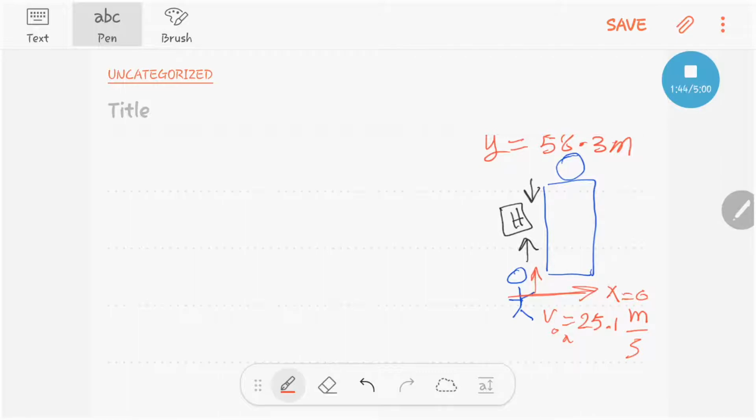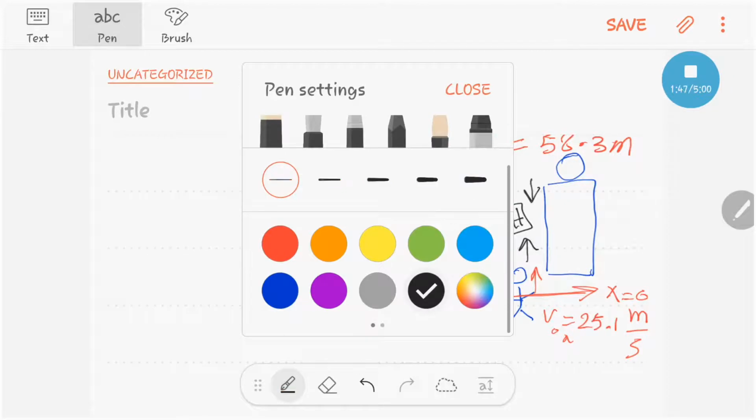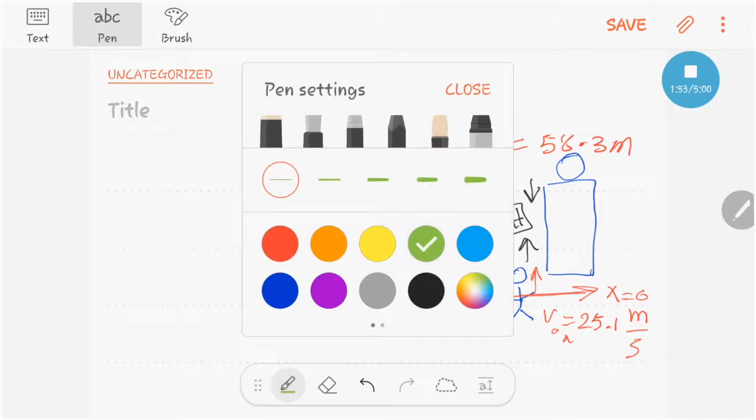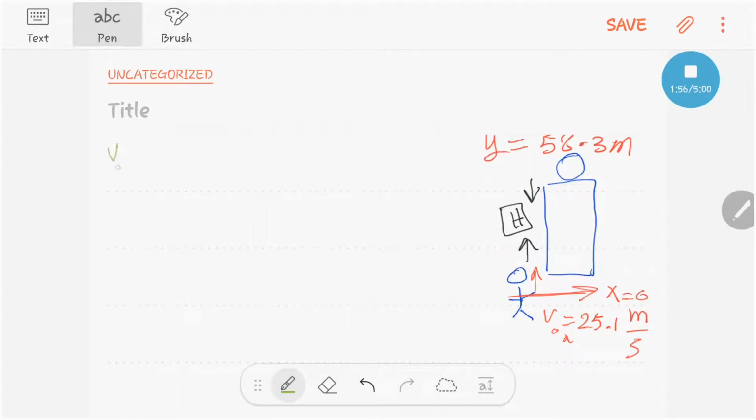So first things first, I'm going to write the motion equations for the watermelon. Let's write it in green. Vy for the watermelon equals v naught y minus gt.